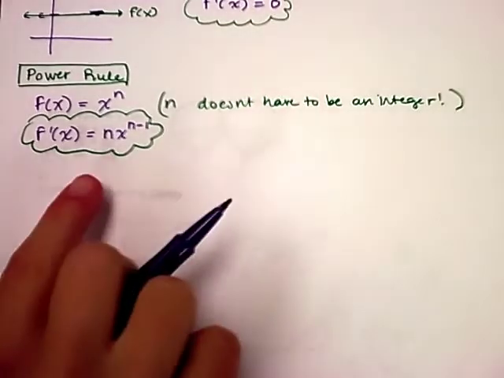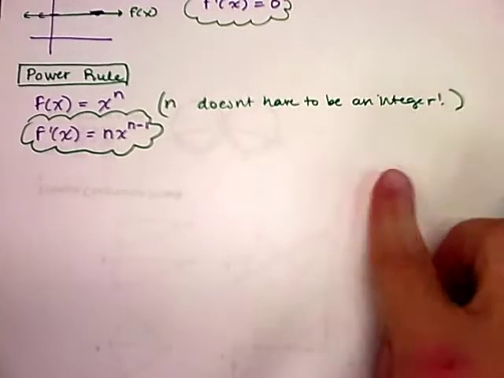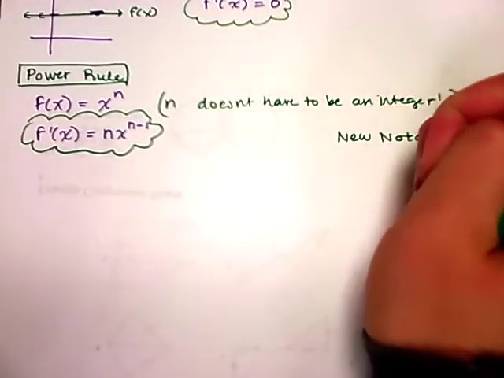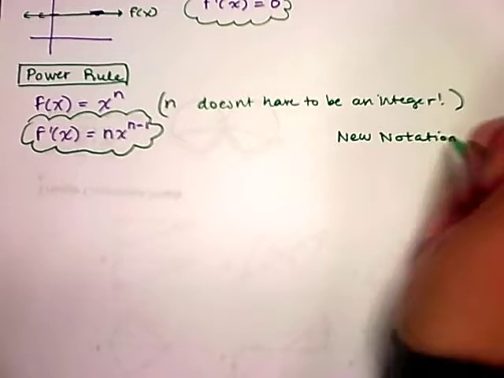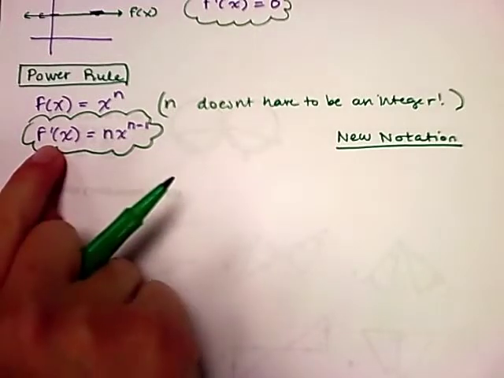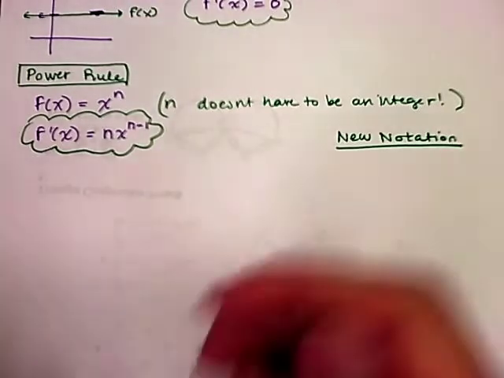But before I show you some examples, I just want to introduce a new notation, and I'm going to write it off to the side here. One way of writing the derivative is with the f prime, right? This type of notation. There's one other way that we could show taking a derivative of something, and it looks like this.